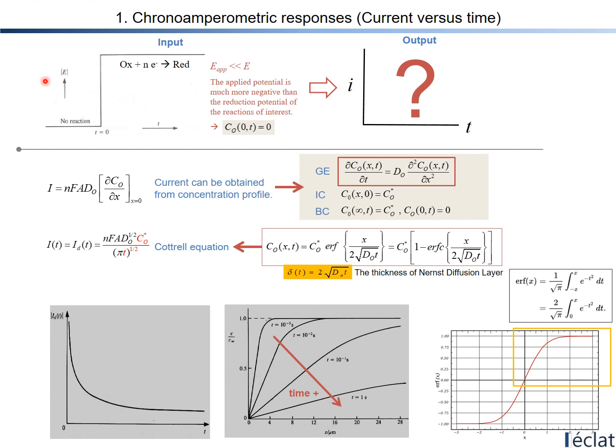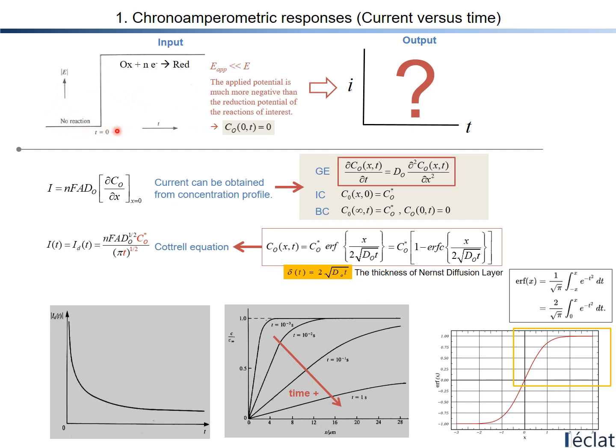Here is the first case, which is the chronoamperometric response. That is to say, current as a function of time. Here is the input for chronoamperometry. Of course, at time equal to 0, I'd like to apply a fixed potential to the system. So, before time equal to 0, we would have no reactions.